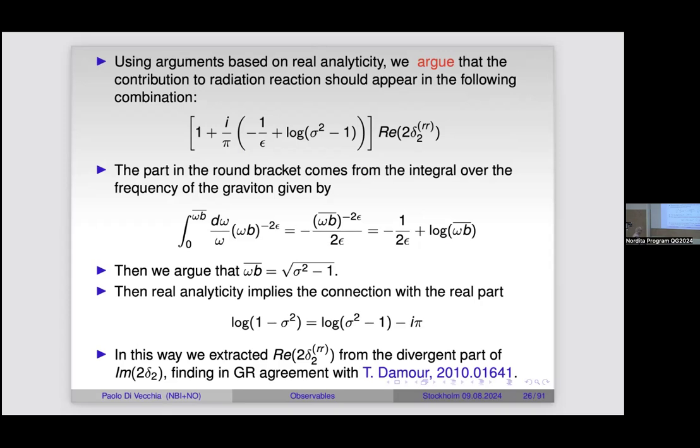And then with some calculation, we argued that this quantity is this. And real analyticity implies that if you go from the region above the cut to the region in which there is no cut, there is a 1 over pi. So we got this, and this gave us the real part of the eikonal. And in this way, we extracted the real part of the eikonal, and then we got this deflection angle, and we got the same result as Thibault Damour.